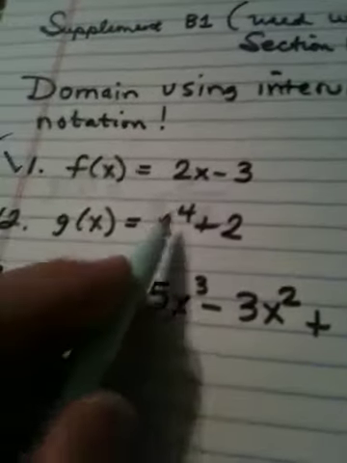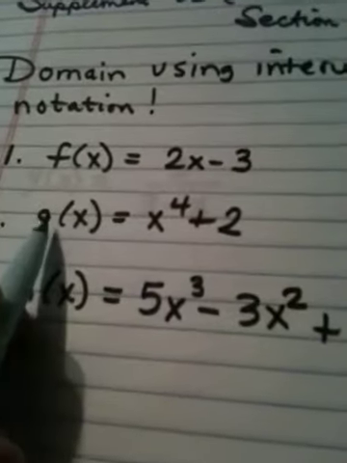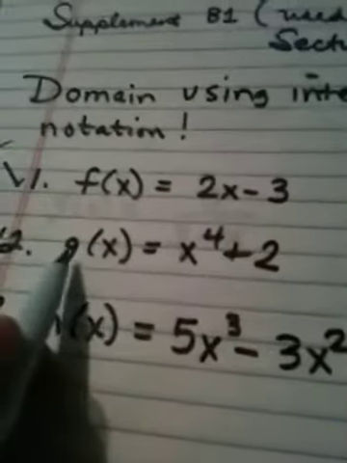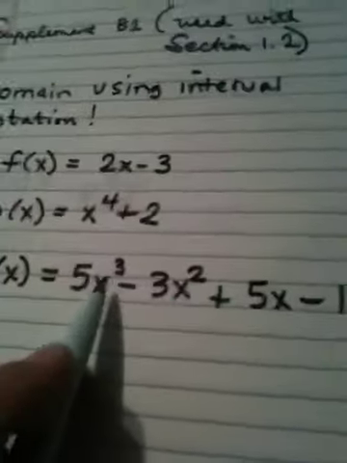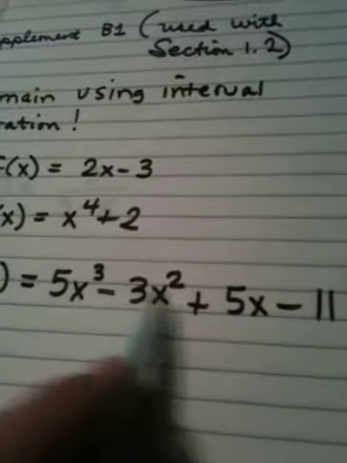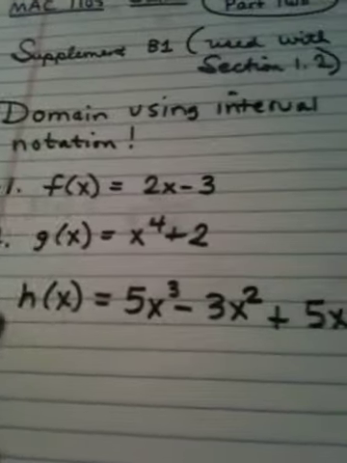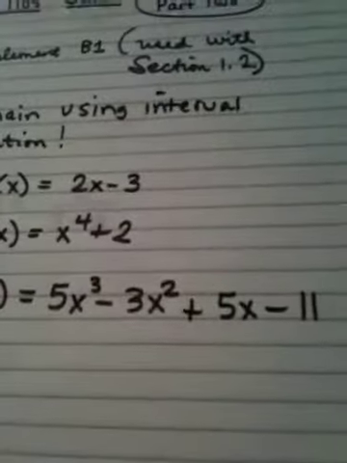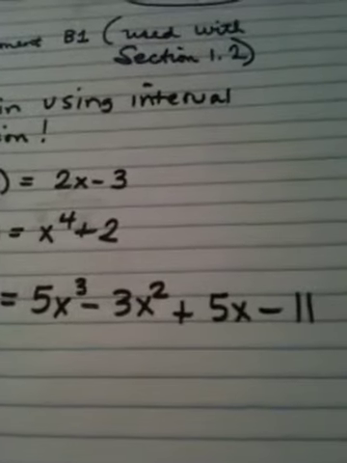Likewise, x to the fourth plus 2 is called a polynomial. When you make it a function, i.e. g of x, it becomes a polynomial function. And h of x is also a polynomial function. Okay? So when you look at question 1, 2, and 3, they all fall in the same category. And actually, these are going to be the easiest problems to answer.